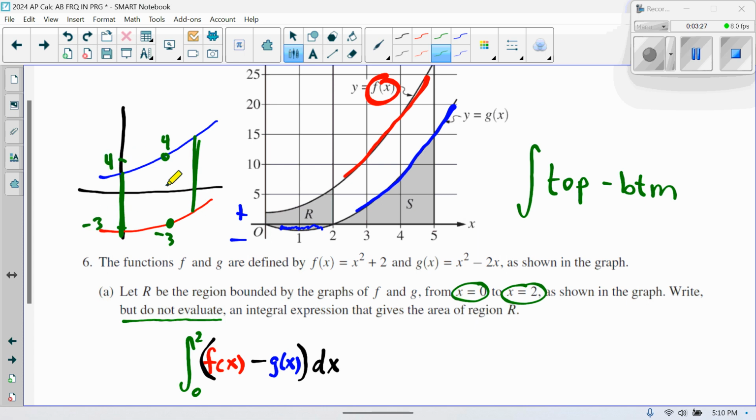That's clearly a distance of 7. That's what the subtraction is. You see how I subtract top minus the bottom? The top is 4, and I subtract the bottom, which is -3. What happens when I subtract a negative? It's a super plus. It turns to 7.